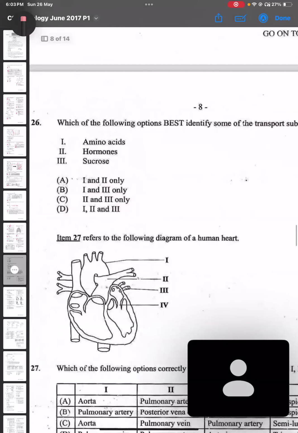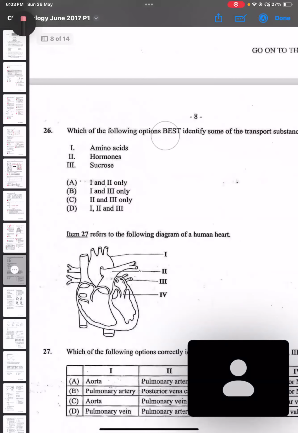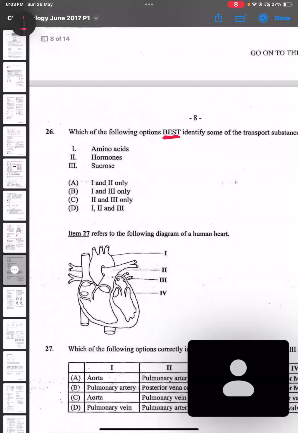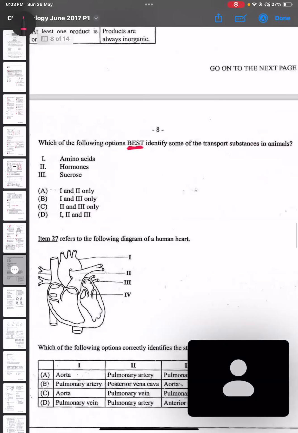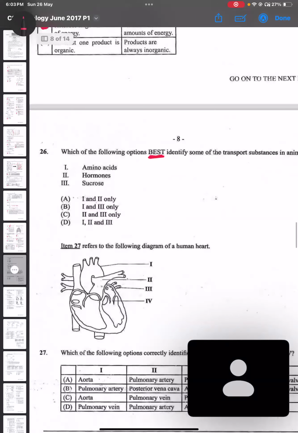26. Which option best identifies some of the transport substances in animals? Is sucrose transported by animals? No, miss. Okay, so it cannot be B because we don't transport sucrose, we transport glucose.